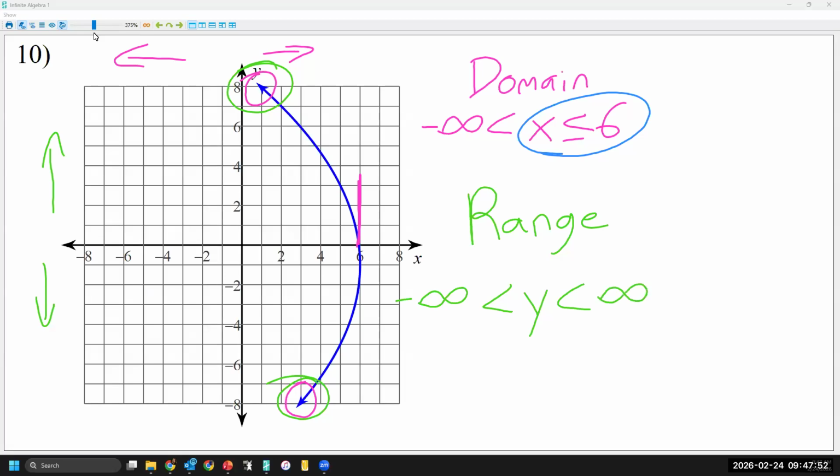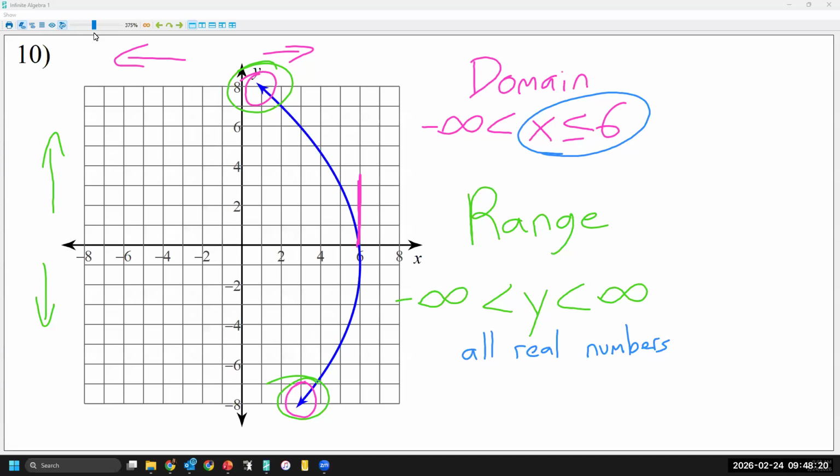So I have negative infinity to positive infinity. Well, we just said on the previous problem that if I have negative infinity to positive infinity, another way of writing that would just be to say all real numbers. So the range is negative infinity to positive infinity or all real numbers.